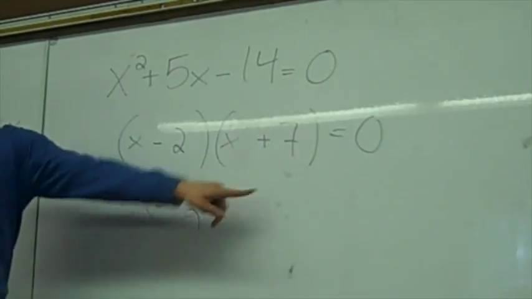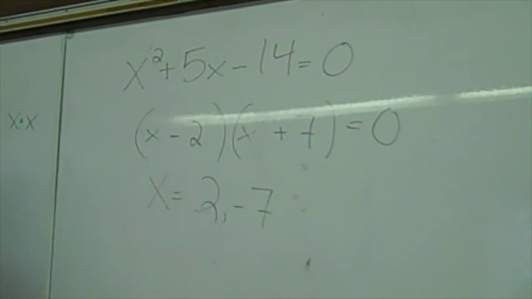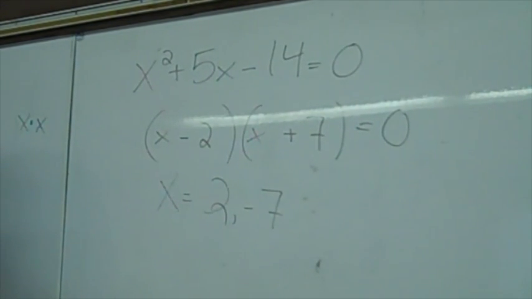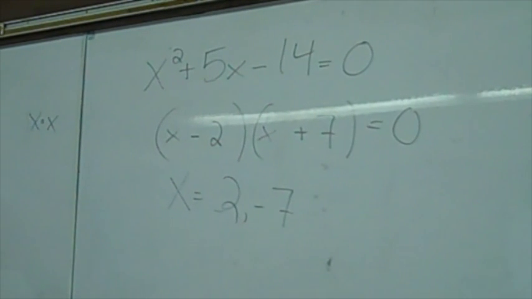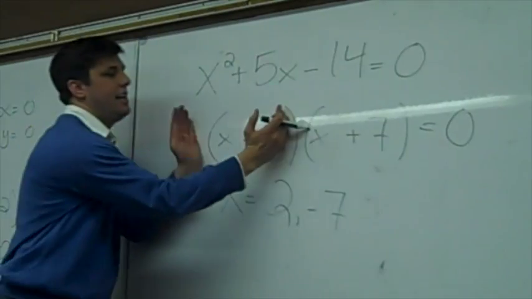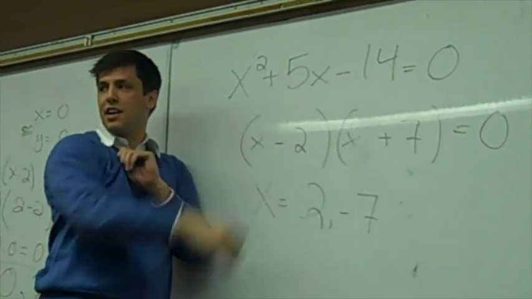Opposite of positive 7, negative 7. So the only situation where it's guaranteed to be opposite is if this x is alone. It's just subtracting or adding a number.